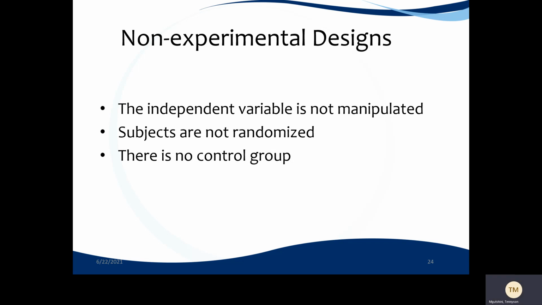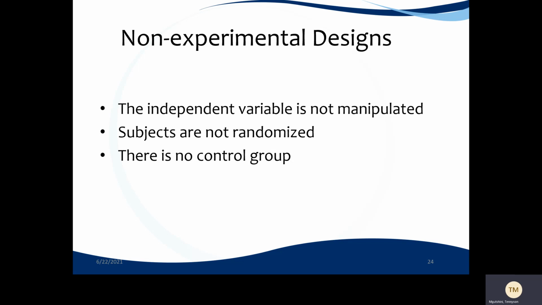Once again, as I've said already, in non-experimental designs, the independent variable, the things that you need to be manipulated, you do not manipulate them, you just observe them. And of course, the way that you've selected things does not necessarily meet the randomization expectations.